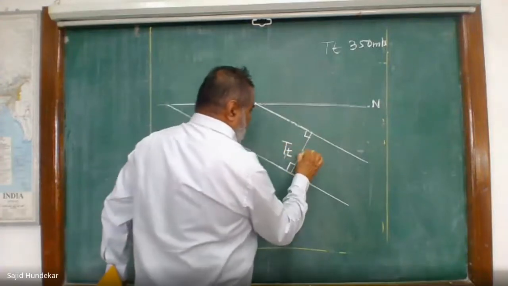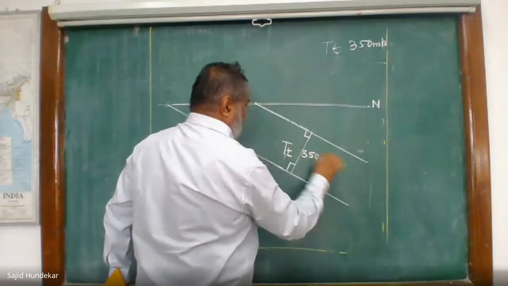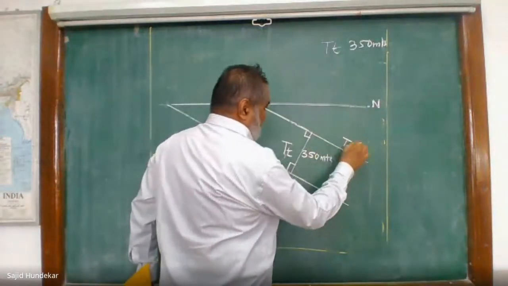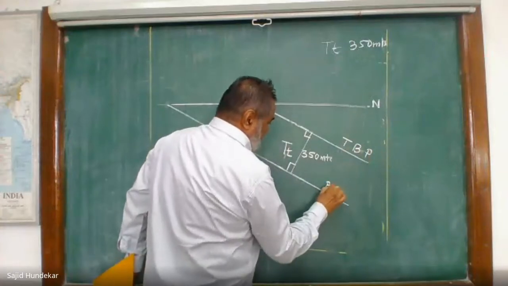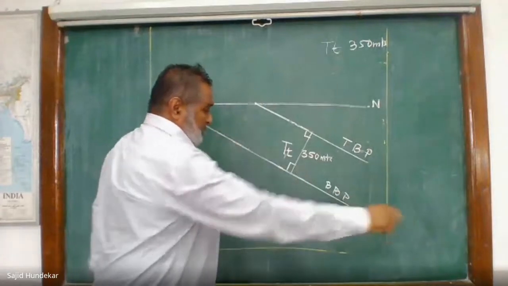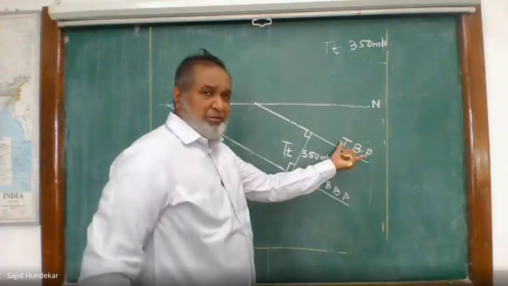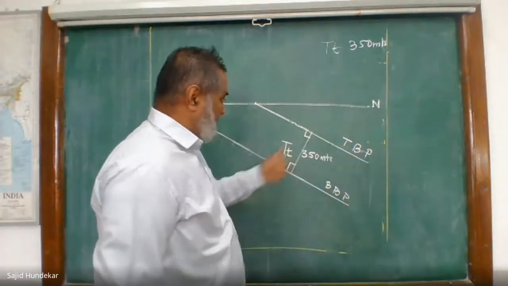True thickness we have taken as 350 meters. Use short forms, top bedding plane and bottom bedding plane, because writing them out in full is very long and everyone's writing will be different. So use all capitals: top bedding plane, bottom bedding plane, true thickness.